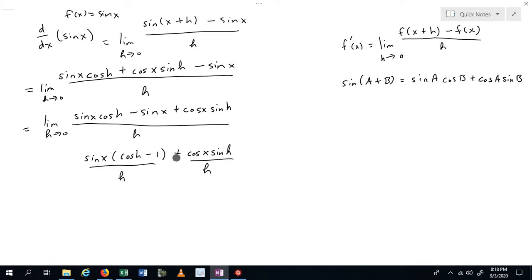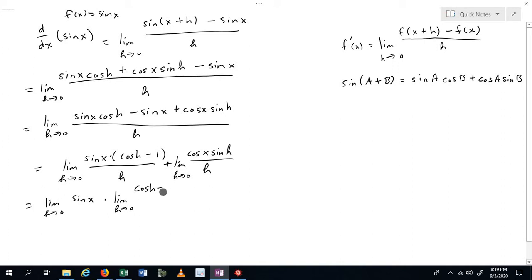Then we can break the limit up across addition. So you can find the limit of this first one and then add it to the limit of the second one. And then we can also break the limits up across multiplication. So this is multiplication, and so we can write this as the limit of sine of x times the limit of cosine of h minus 1 over h.